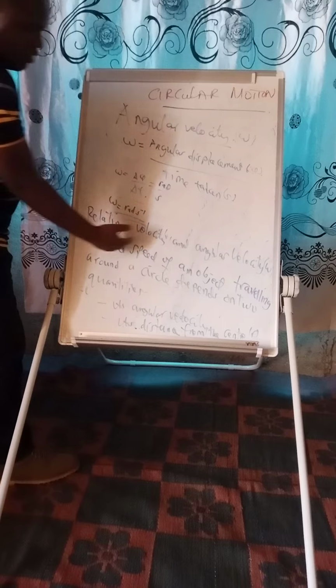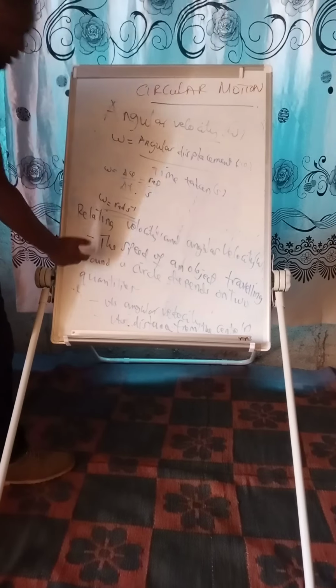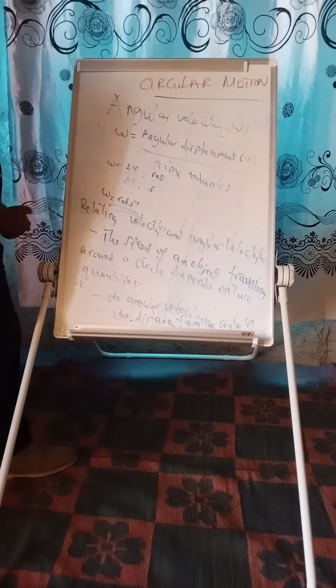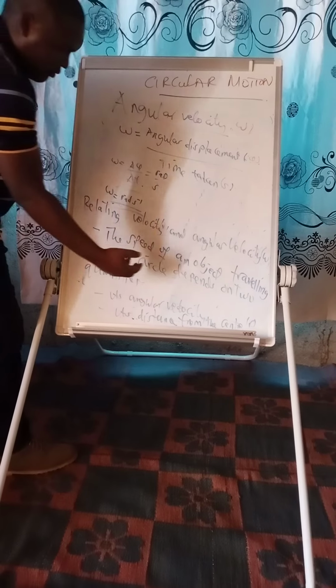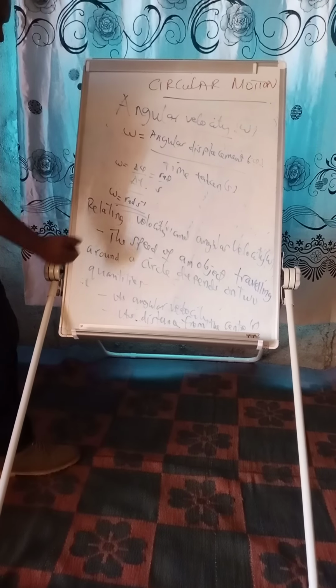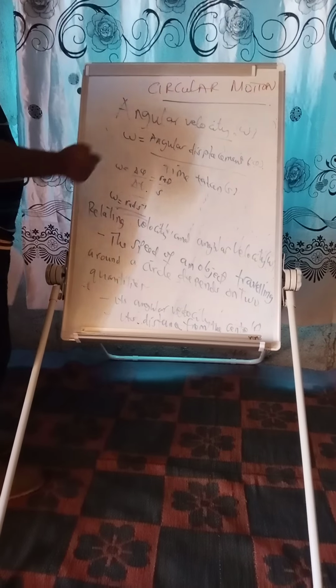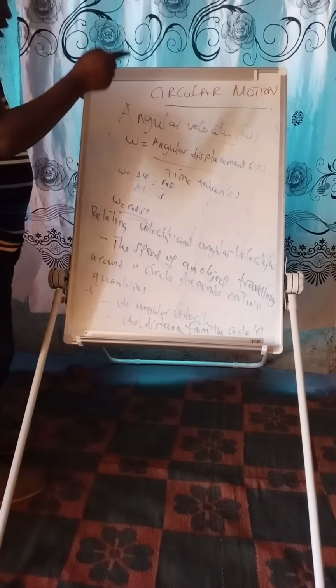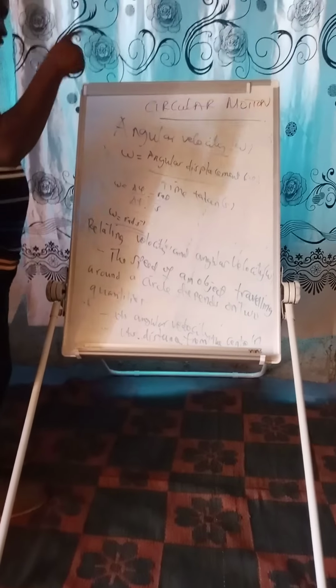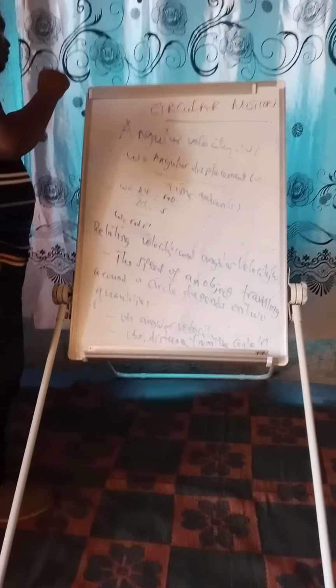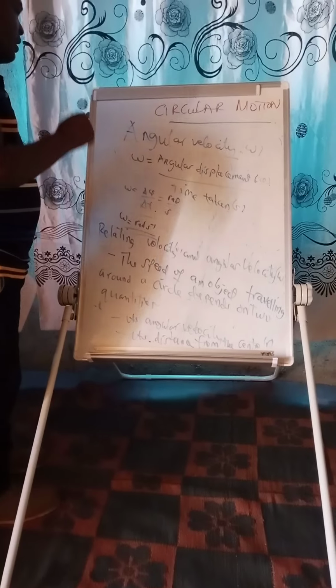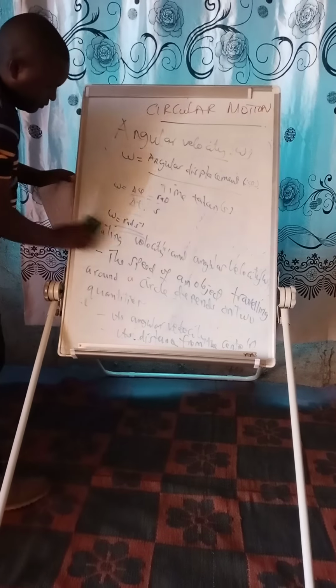We say that the speed of an object traveling around a circle depends on two quantities: its angular velocity and its distance from the center. So when an object is moving in a circle, its speed depends on angular velocity and the radius, the distance from the center.